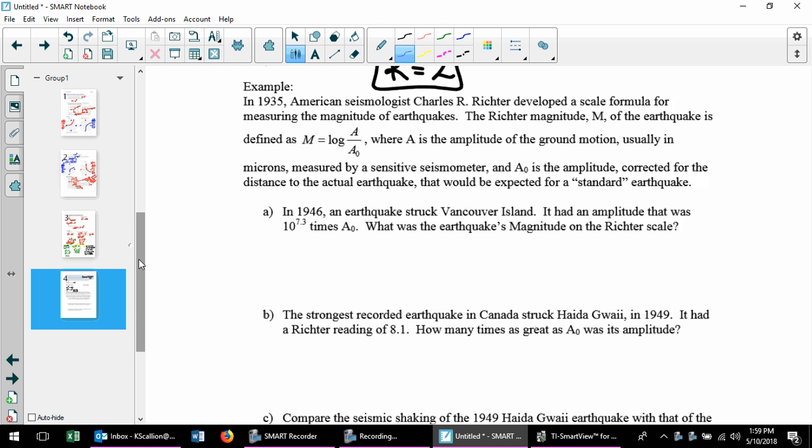So in 1946, an earthquake struck Vancouver Island. It had an amplitude that was 10 to the exponent 7.3 times the regular shaking magnitude. So what was the earthquake's magnitude on the Richter scale?